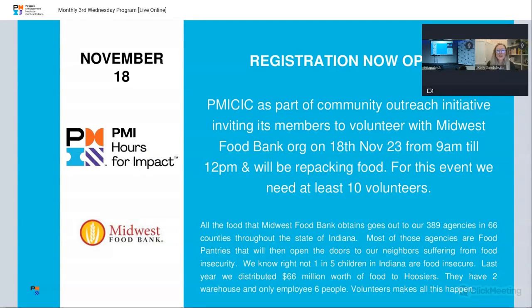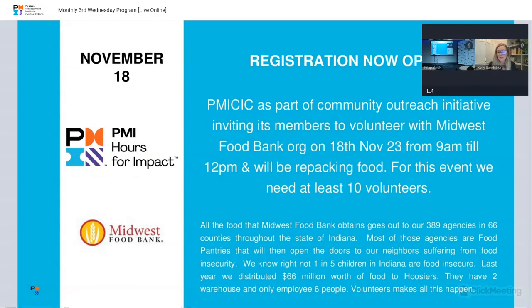The next event I'd like to share with you all is another event coming up in November. Our Social Good Committee, which is our community service arm, is bringing you all a chance to get involved out there in the community and make an impact. We have put together a volunteer event for you all on November 18th.